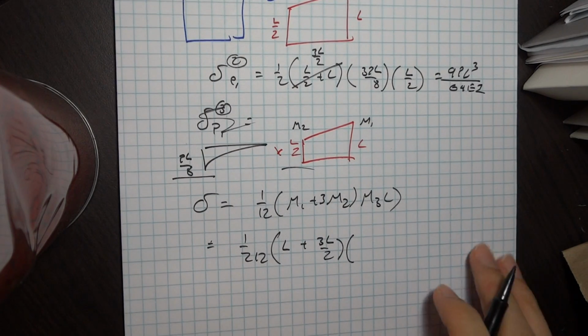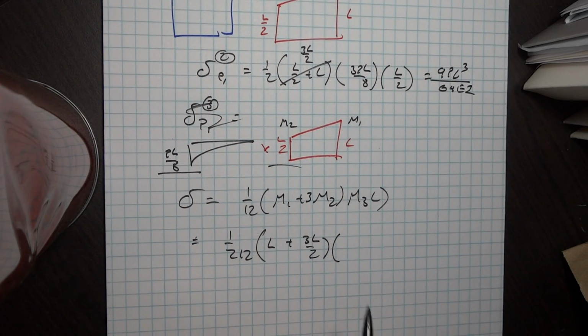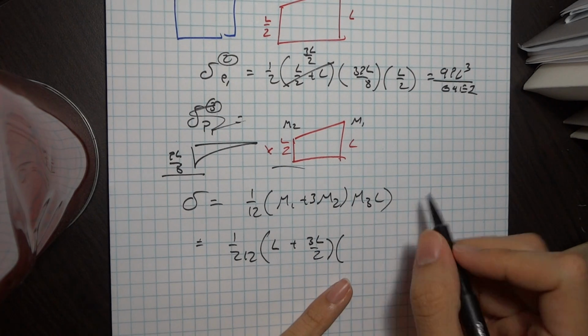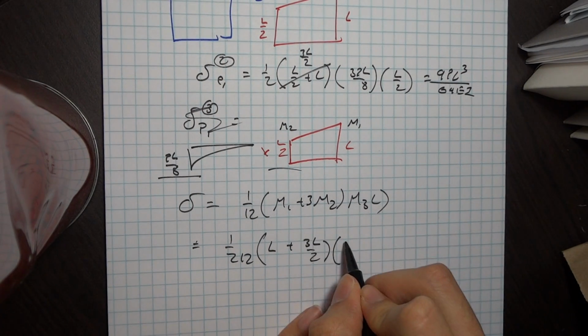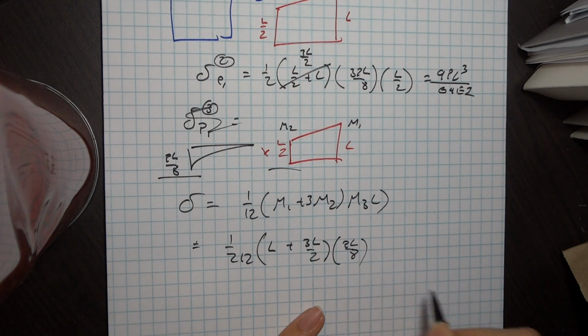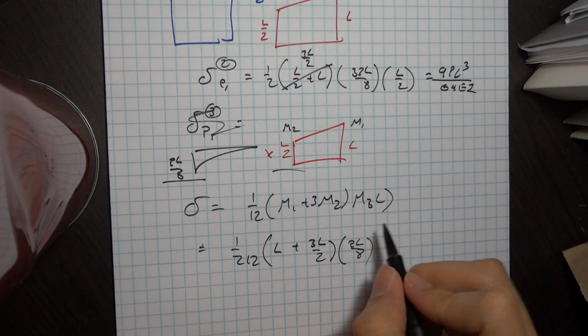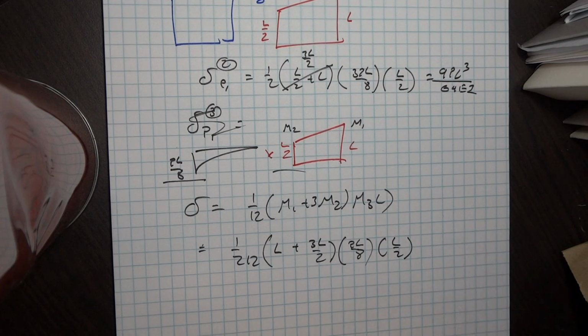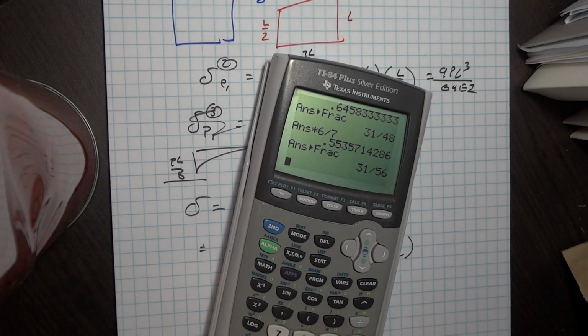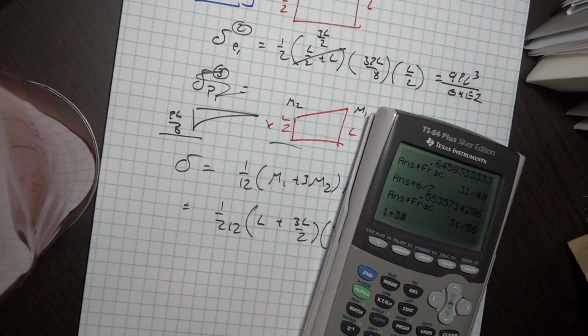Okay, I'm going to make a correction later on in this just to make sure. 3L on 2, this is going to be times PL on 8, times L on 2. Let me just double check my numbers here really quick. So I'm getting 1 plus 3 on 2.